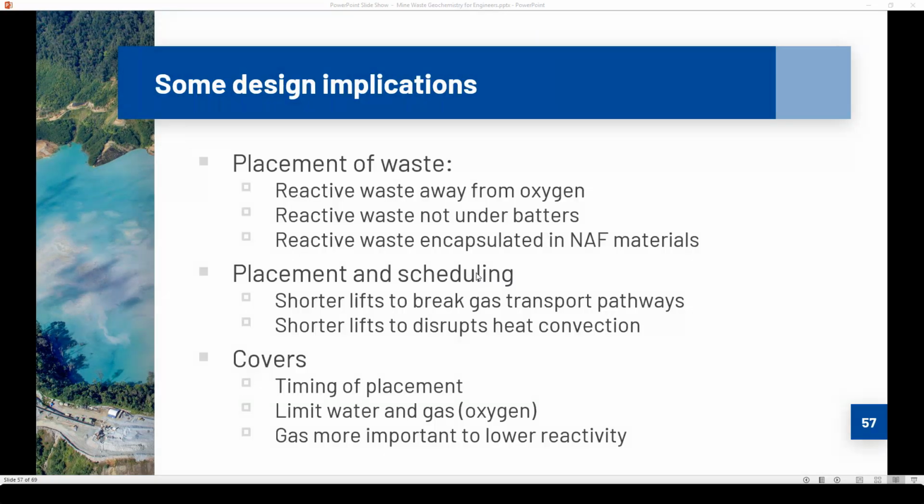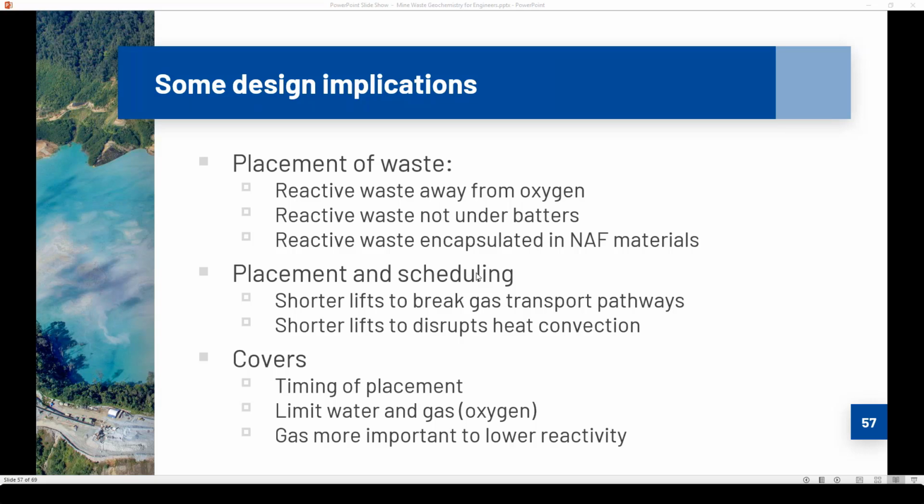So in terms of some of the design implications, where we place the waste is important. Get it away from the oxygen, so don't put it under the batters. Try and put that within a cover of some non-acid forming materials. In terms of placing it, the shorter we expose the materials, the better.